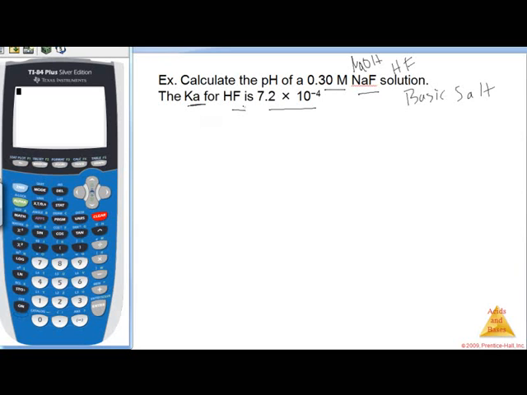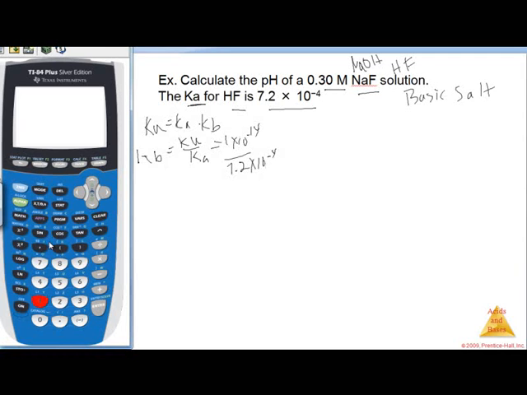So the first thing I can do is I can get a Kb because I know Kw is Ka times Kb. So Kb is going to be Kw over Ka. So that will be 1 times 10 to the minus 14 over 7.2 times 10 to the minus 4.